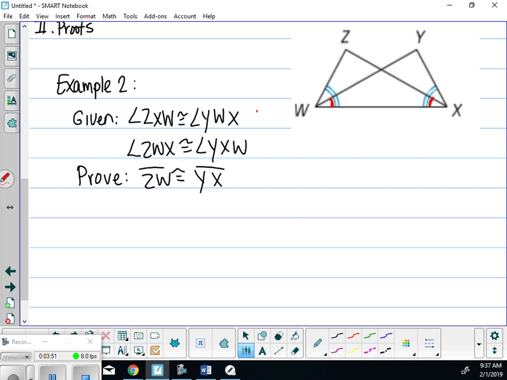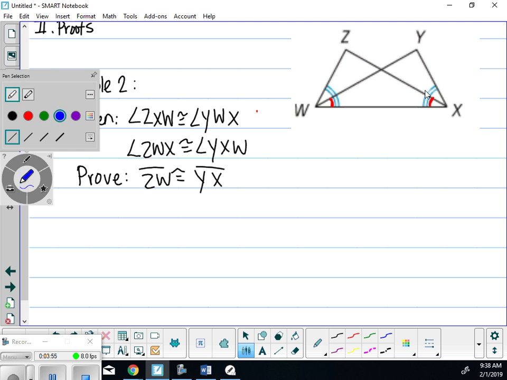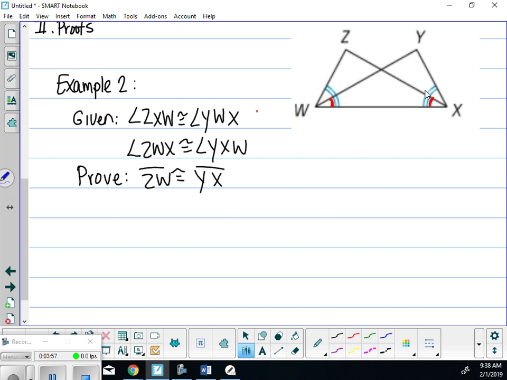We're also given that ZWX is congruent to YXW. And what we want to prove is that ZW is congruent to YX.